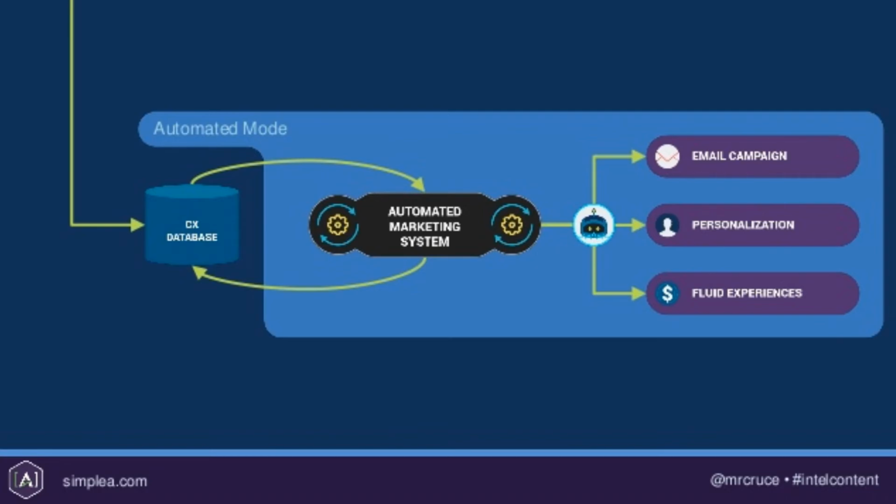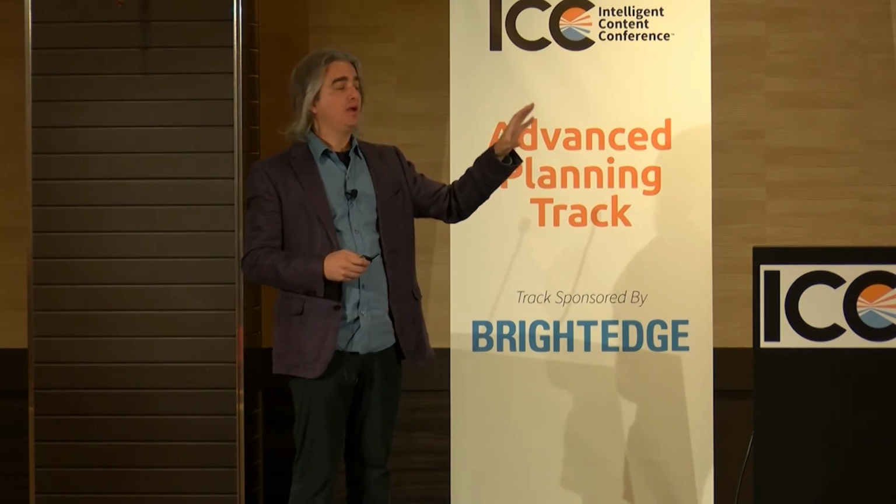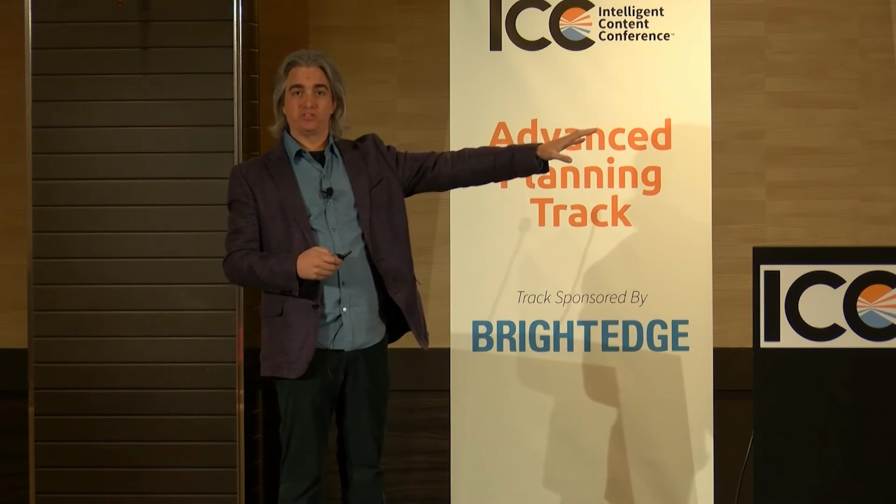A lot of the CX platforms out there, like Sitecore, Kentico, and Adobe, all have a CX database built in. Some organizations build that as a data warehouse, a data cube that can be accessed at any time for use in real-time content personalization.